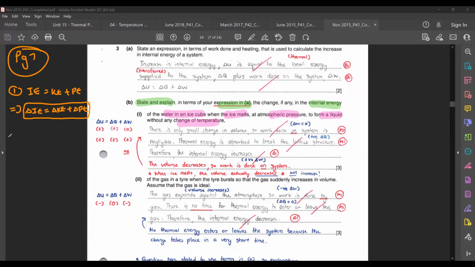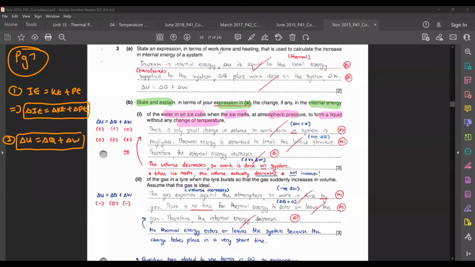There's also another way to explain changes in internal energy, which is this one here. Okay, this is another one. All right, there are actually two ways to explain changes in internal energy. Which one you want to use depends on the context of the question.